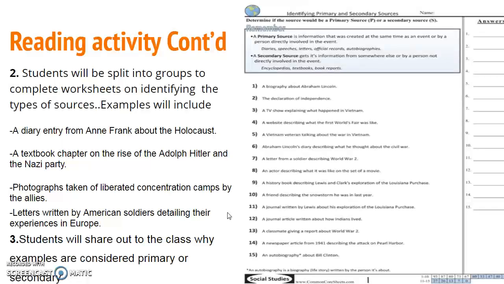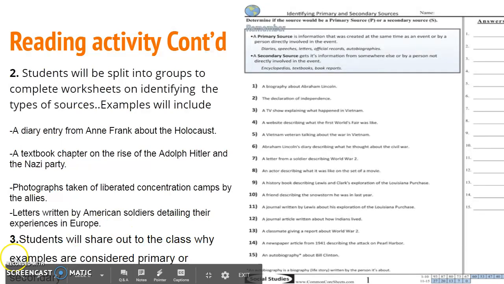The next thing the students will do is share out to the class why examples are considered primary or secondary.